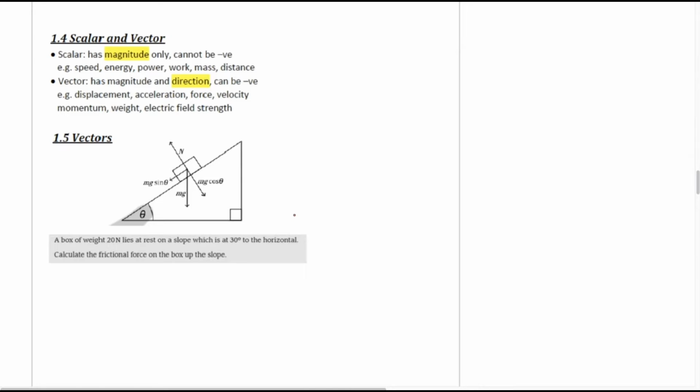Let me start from the basics. First you need to know where theta is here. And when we bring this theta to the object, it will be here. After that, I can build a right-angle triangle. One of the lines is parallel with the plane, another line is perpendicular to the plane.